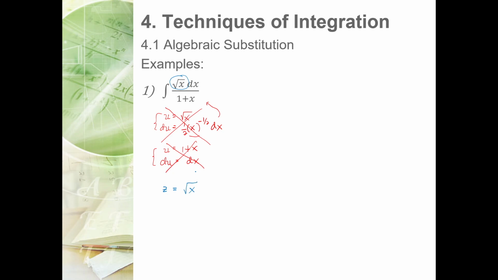Of course, for us to deal with the expressions later in an easy manner, we need to eliminate the radical symbol or the square root symbol. In doing that, we square both sides. So we have z squared is equal to x, right?